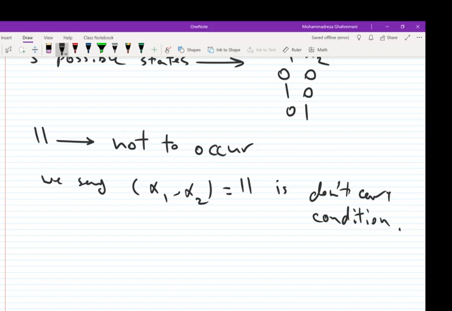Okay, so as 1,1 cannot occur, we call this combination a don't care. And now we want to see how we can use these don't care conditions to simplify our K-map in the best way, to design the minimum cost function.